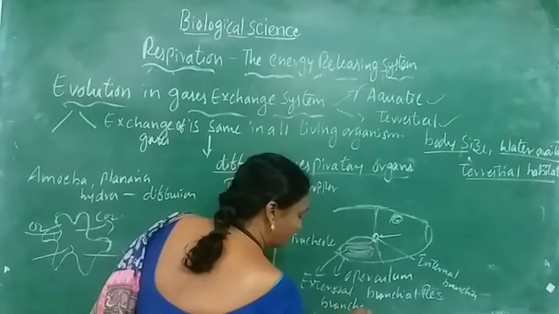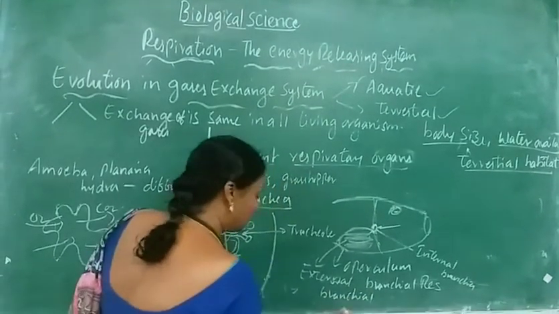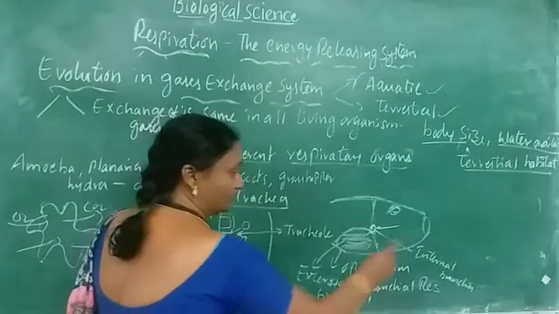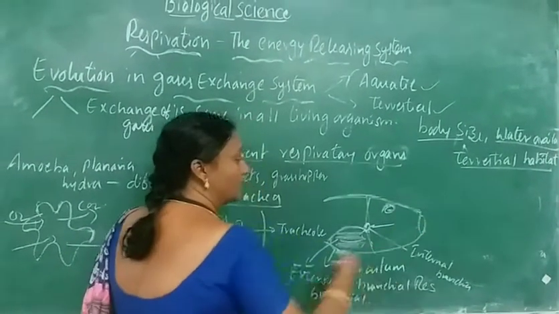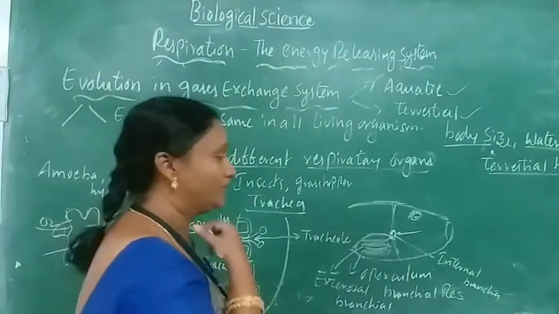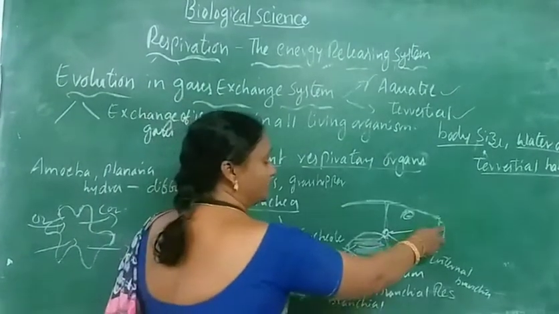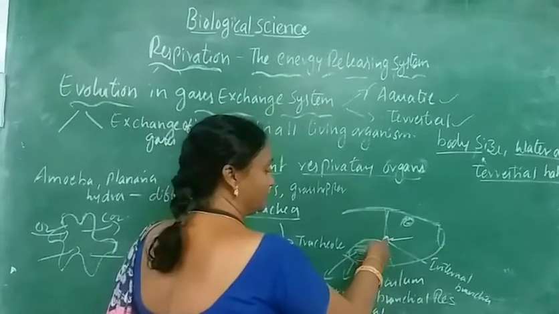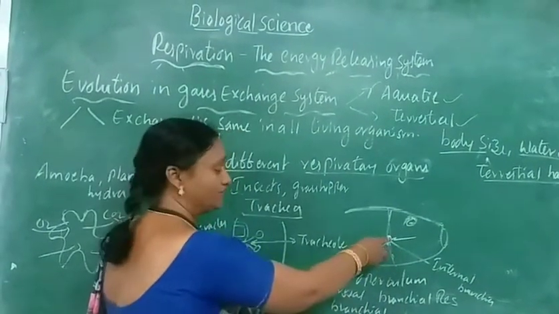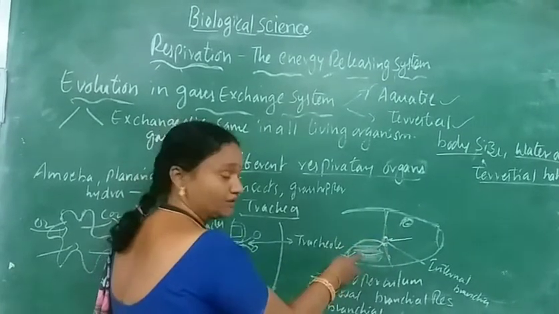Once again, we will see how the process of respiration occurs in fishes. The fish opens its mouth so that the oral cavity gets lowered. The water enters the internal branchial aperture. From the internal branchial aperture, the water bathes over the gills.